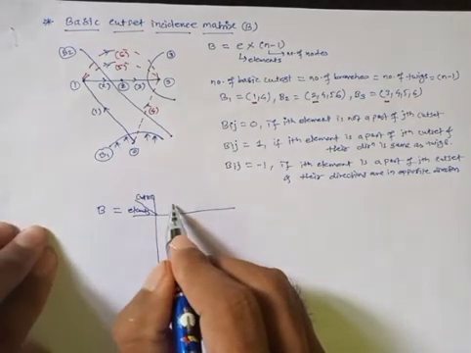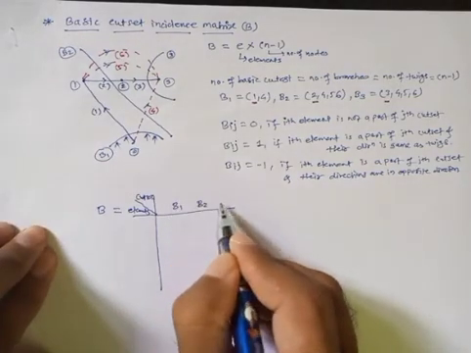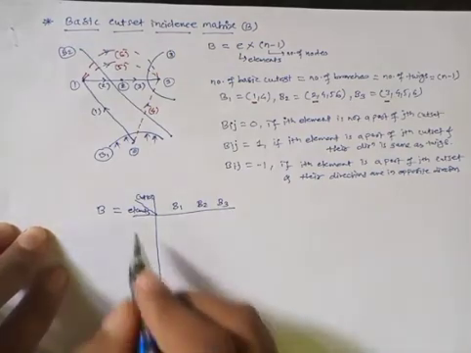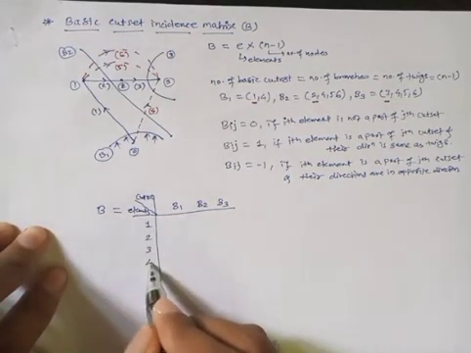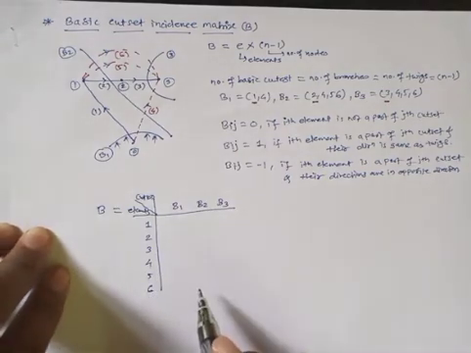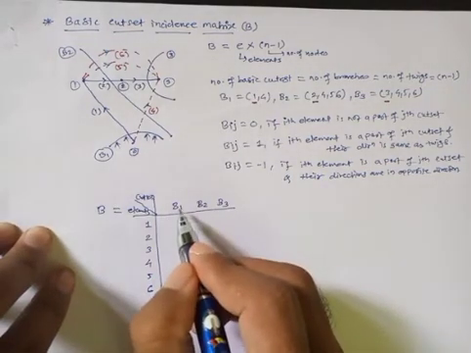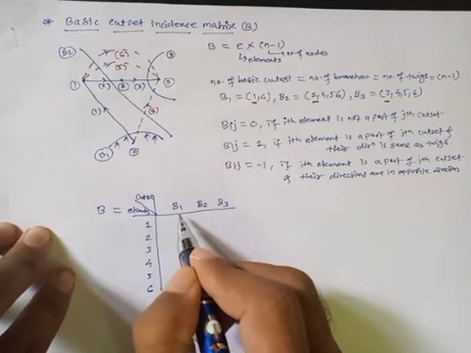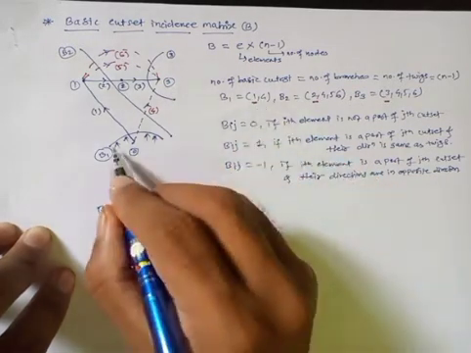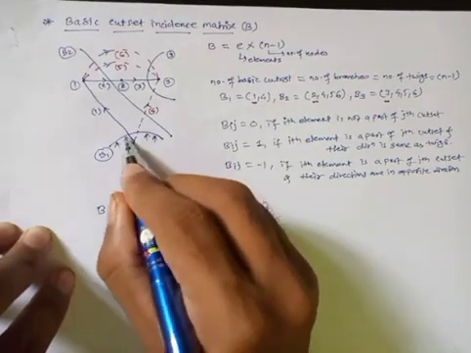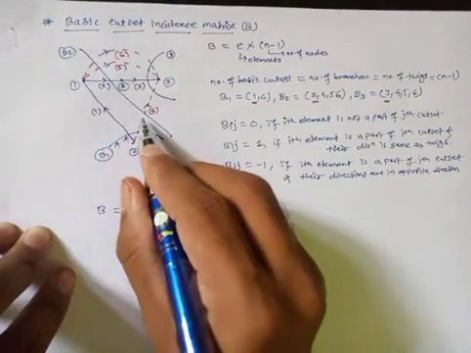There are three cut sets, B1, B2, B3, and all 6 elements, 1, 2, 3, 4, 5, 6. Now consider the first column, that is B1. Which elements are included in B1? That is 1 and 4 only.